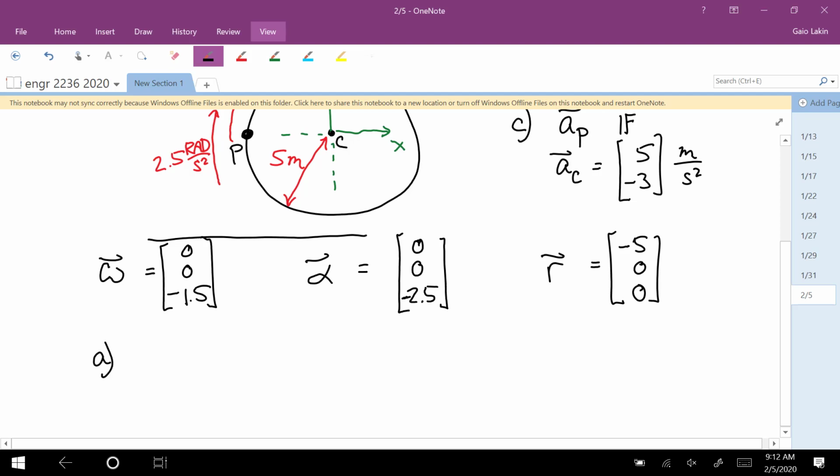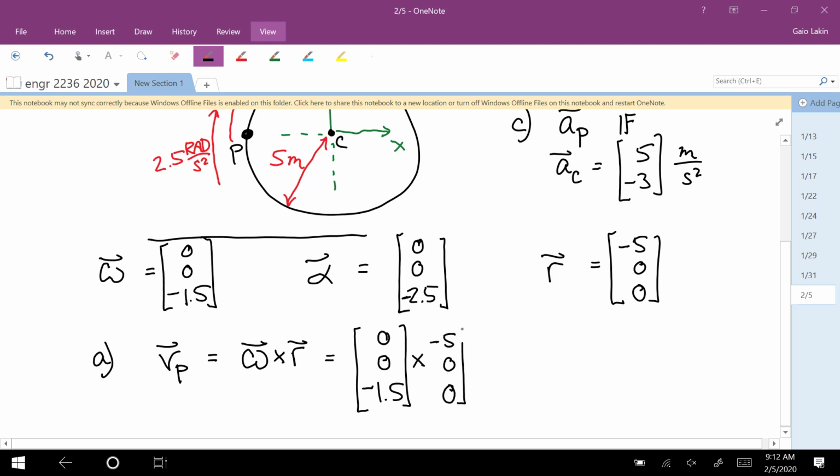So now the velocity of that point P, we can just use the equation for velocity that says velocity is omega cross r. So that's 0, 0, negative 1.5 crossed with negative 5, 0, 0.